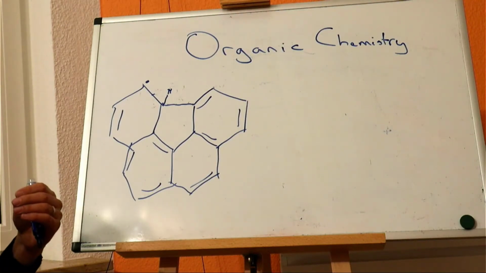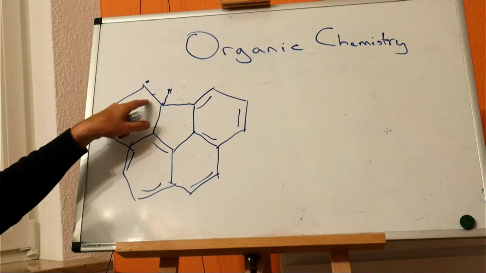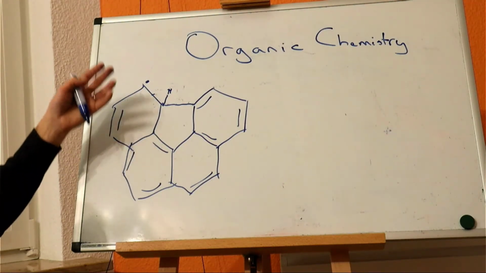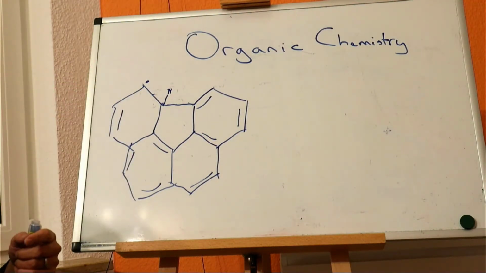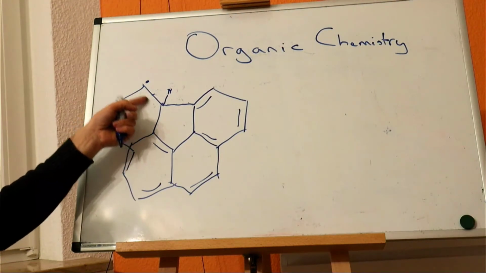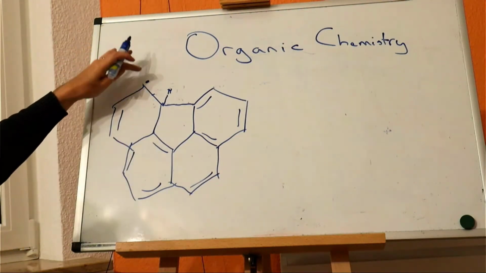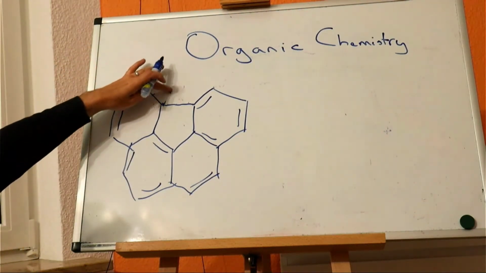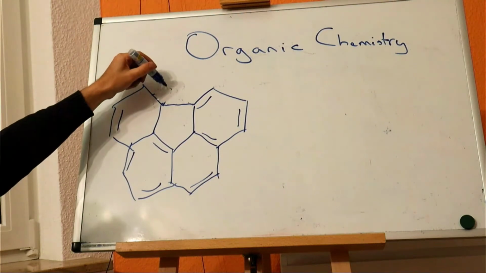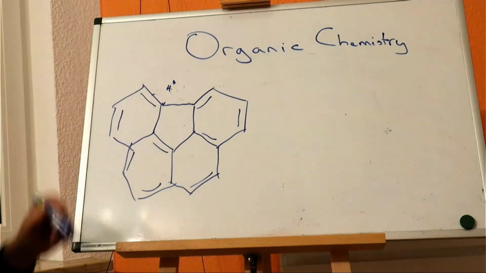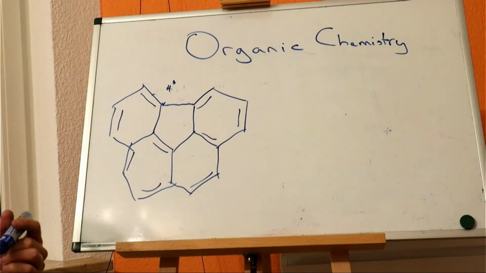Obviously we've done a really bad crime. We've broken the ring. It now can't do its ring stuff. Benzene rings are particularly stable, and now it is no longer a benzene ring because we took one of its bonds away. So now that can reform by taking this electron and this hydrogen, leaving us with the product.